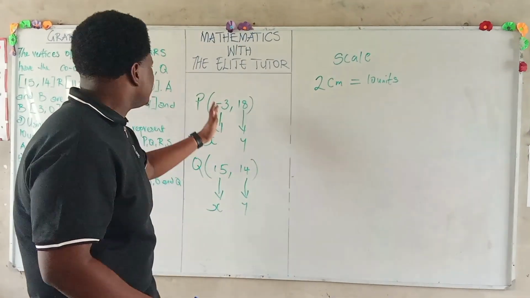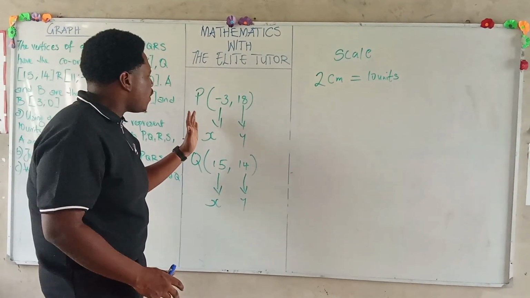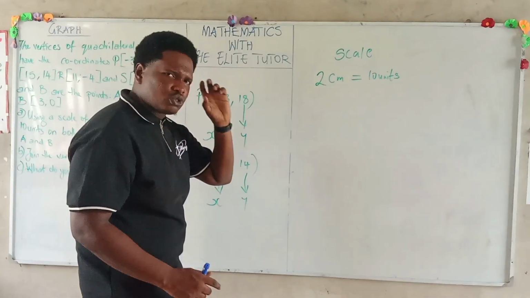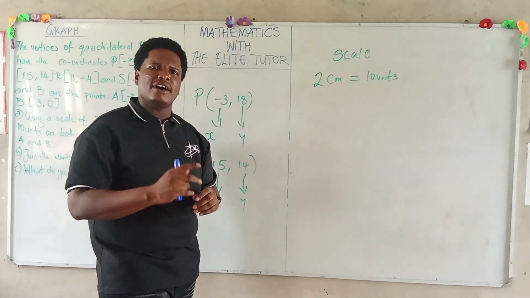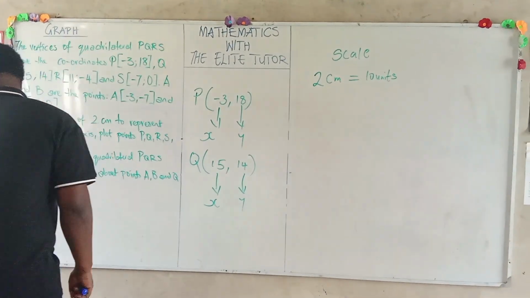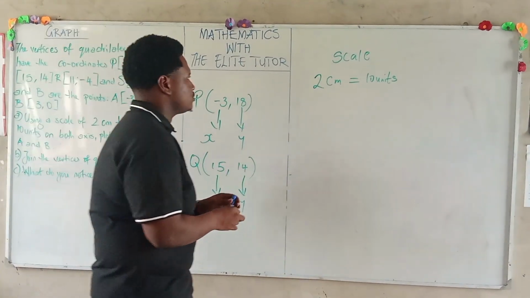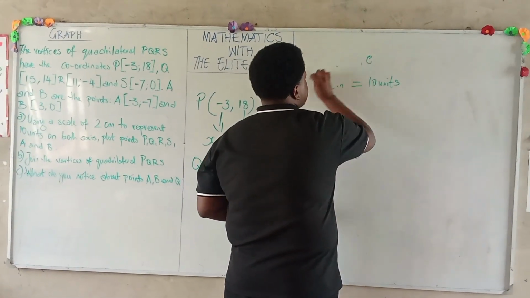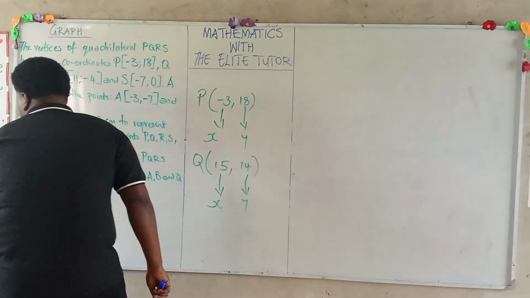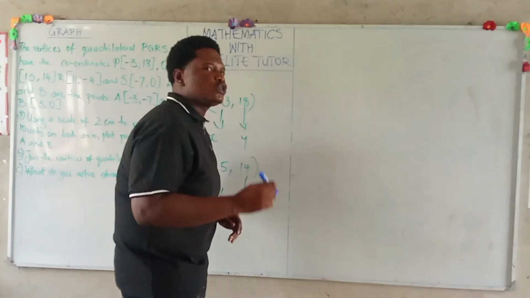Now, since we know the values for x and y axis in any given coordinate, and also how to interpret a scale, let's go ahead to plot this quadrilateral graph.